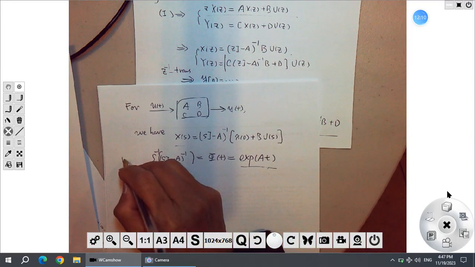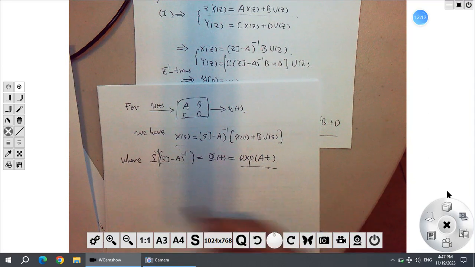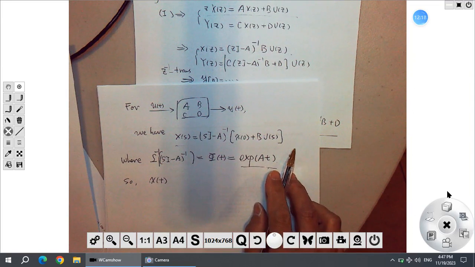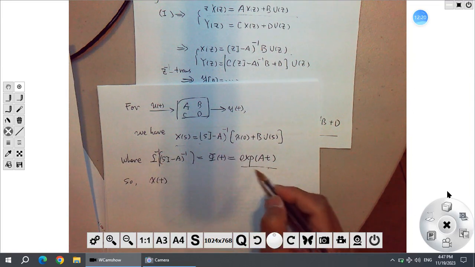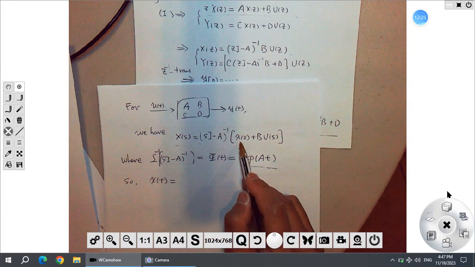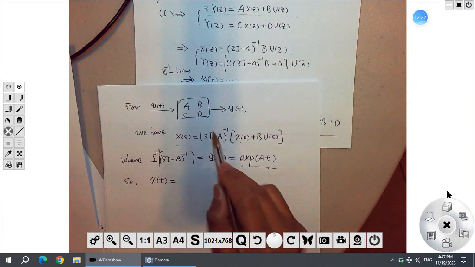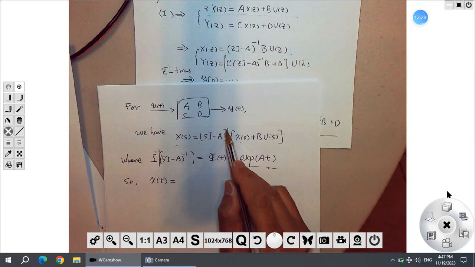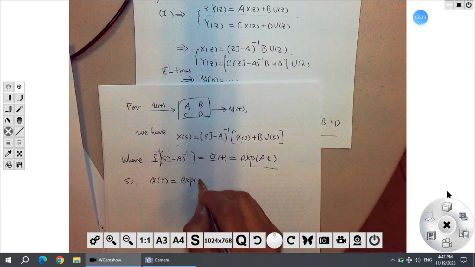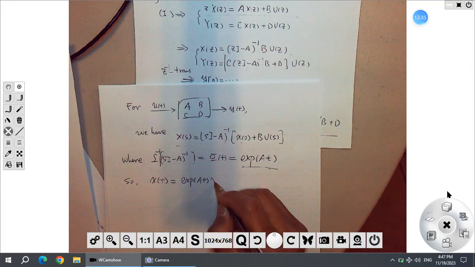So x of t, we perform the inverse Laplace transform. So equal to, the first term is this one times a constant matrix, so it is just the inverse Laplace transform of this one times x of 0. This one is the exponential power of A t times x of 0.